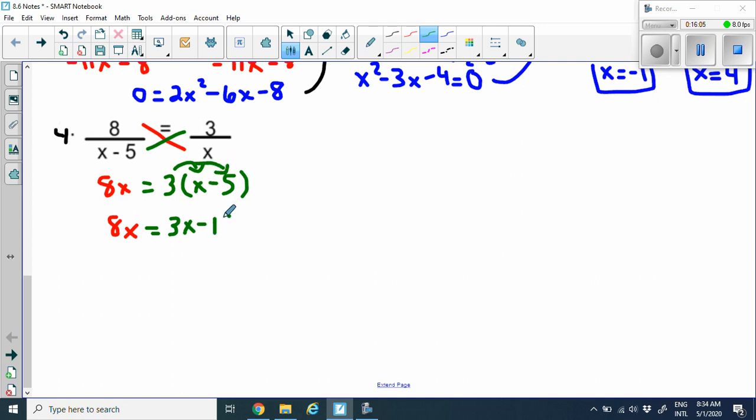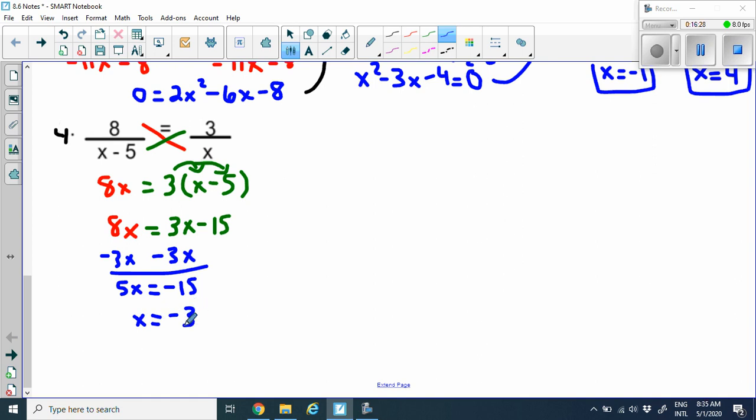I'm going to subtract 3x from both sides. So I do get 5x equals -15. Divide both sides by 5, and I get x equals -3.